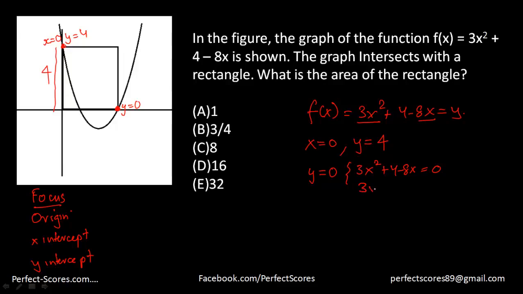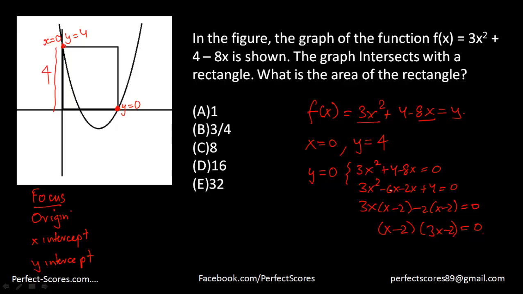That means 3x square minus 6x minus 2x plus 4 is equal to 0, which means 3x into x minus 2 minus 2 into x minus 2 is equal to 0. That means x minus 2 into 3x minus 2 is equal to 0.